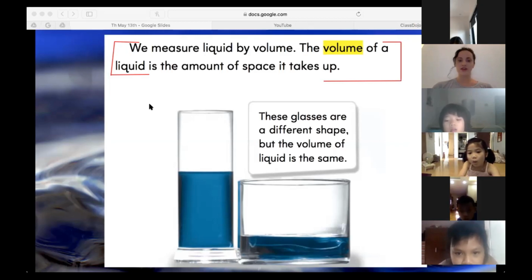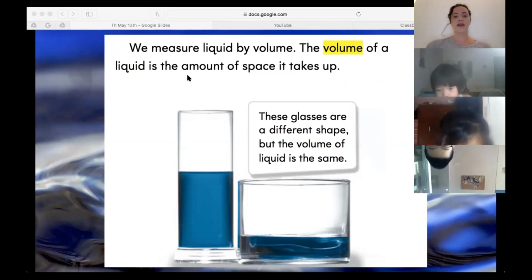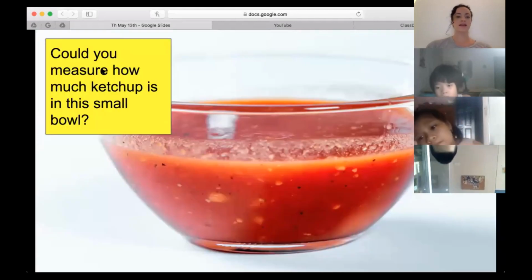Very good. So there's still the same amount of water. It's just a different shape. But the liquid is still taking up the same amount of space. The volume of the liquid is the same.